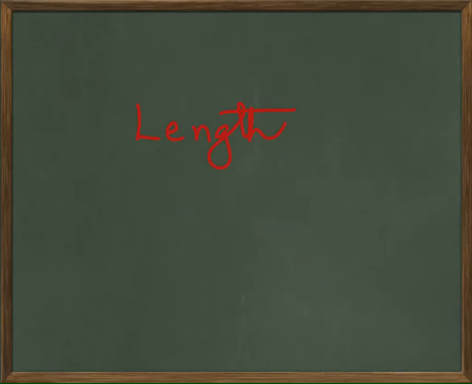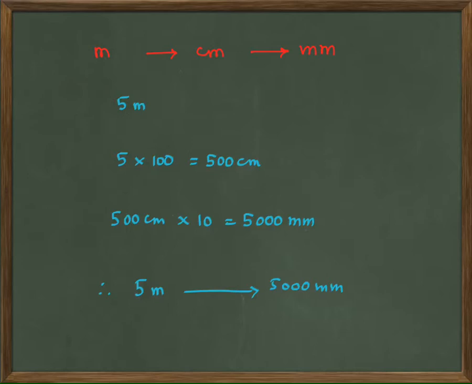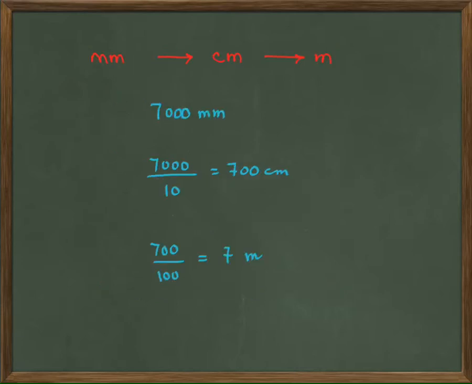Let's look at the first example for length. I want to convert 5 meter into millimeter. I can do it directly, or I can first convert meter into centimeter, which becomes 500 centimeter, and 500 centimeter therefore becomes 5000 millimeter. Now, what about the way back?